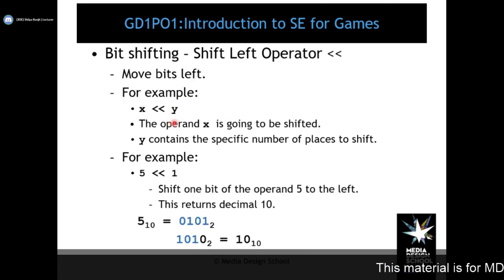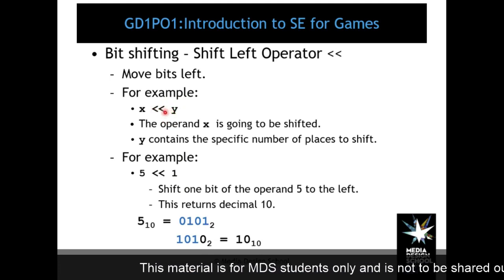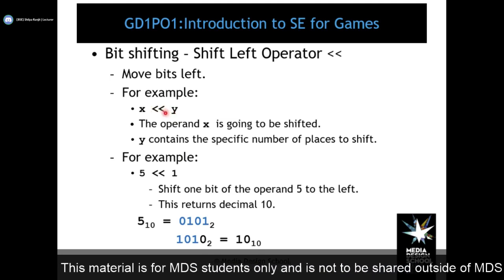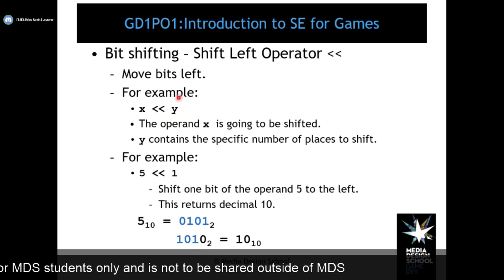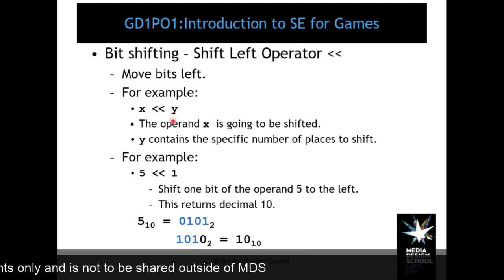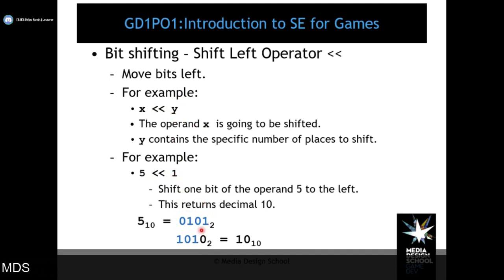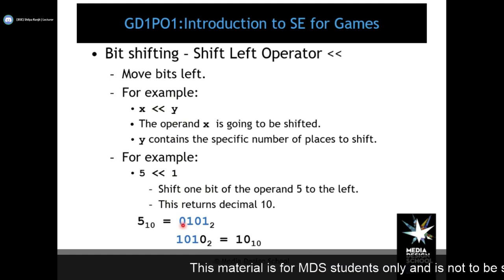What about left shift? Left shift is just the opposite. So if you say X left shift Y, which is indicated by X and two left hand side symbols, this means X has to be left shifted by Y times. So if you say 5 left shift 1, the binary representation of 5 is 0101. And if you left shift by 1, you move the 101 to the left hand side.